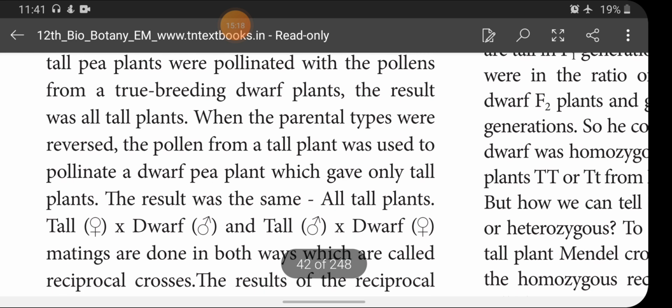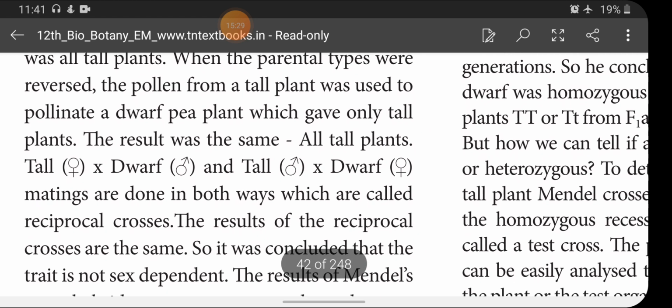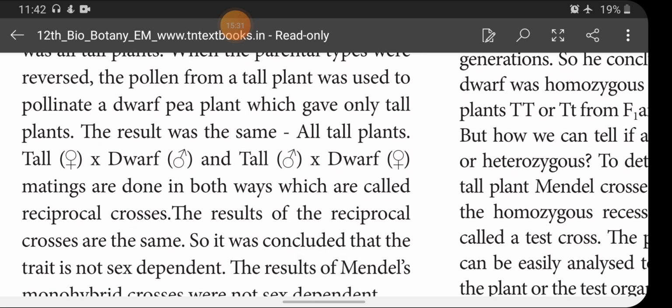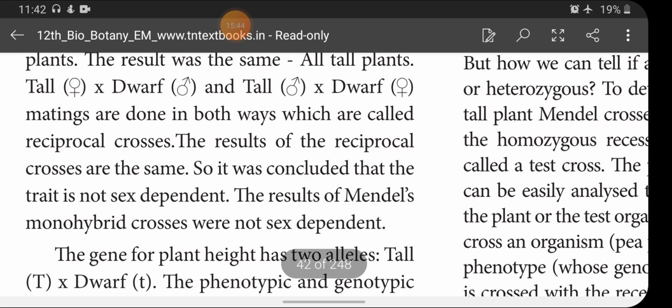The result was the same, all tall plants. Whether tall is the male plant and dwarf the female plant, or the other way around, all the plants are tall. So this is what reciprocal crosses are. Reciprocal crosses will not be a sex determinant. So Mendel's monohybrid cross is not a sex determinant.